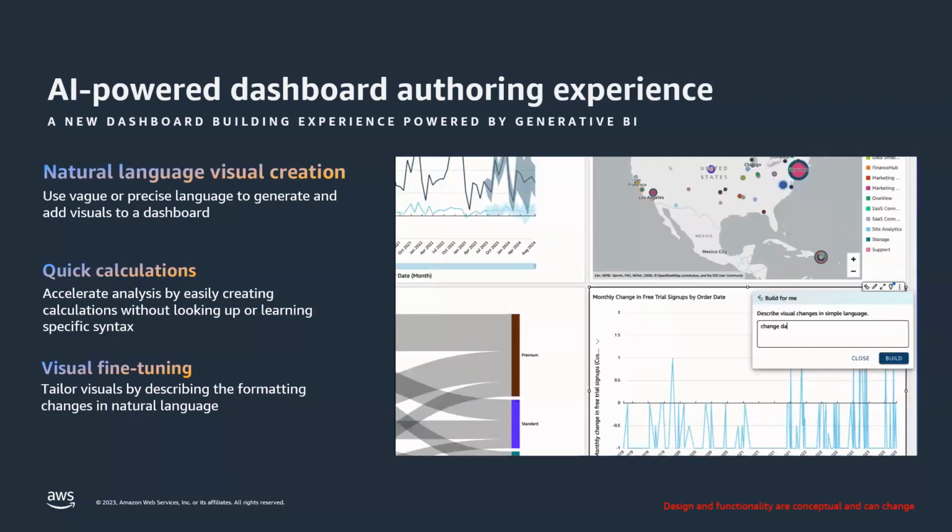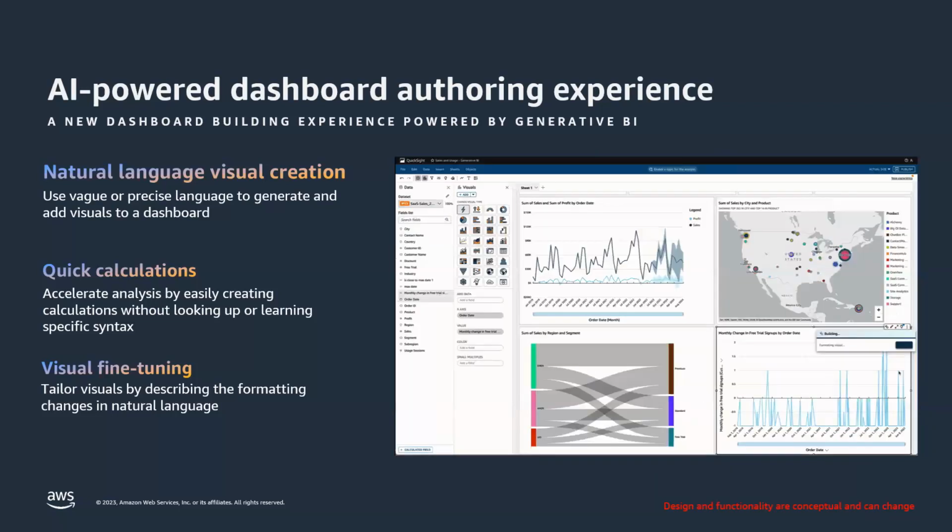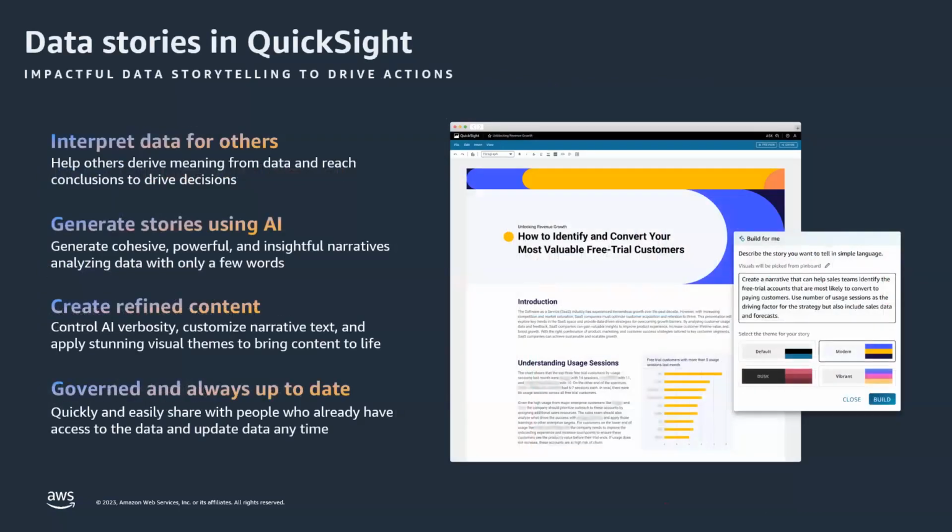We're just going to type in what we're trying to do, and the visuals are going to be created. Once we do that, we are going to do the calculations that we talked about as well, and then we're also going to revamp the dashboard.